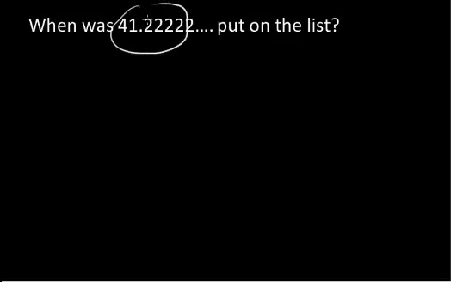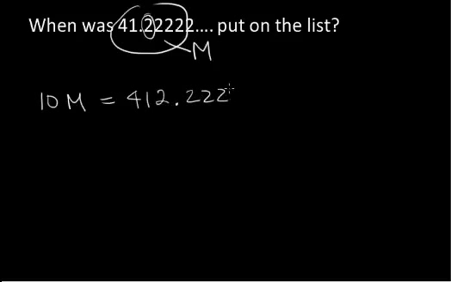If we give this one a name, let's call it M. Then circle the first repeating part, and I just need to multiply M by 10 to move the decimal point past the first repeating block of digits, and then subtract M, which is 41.2222 repeating.